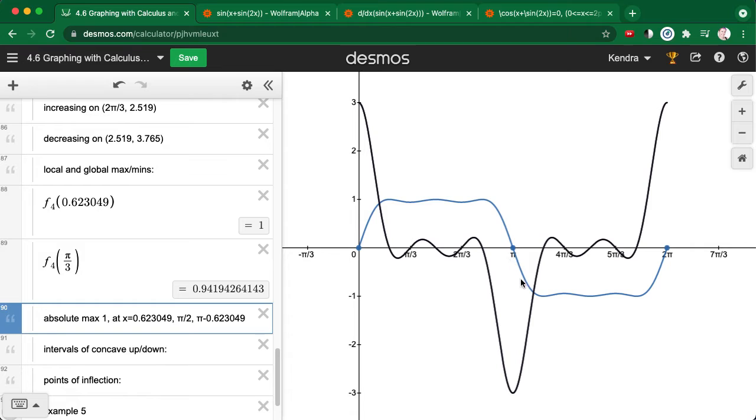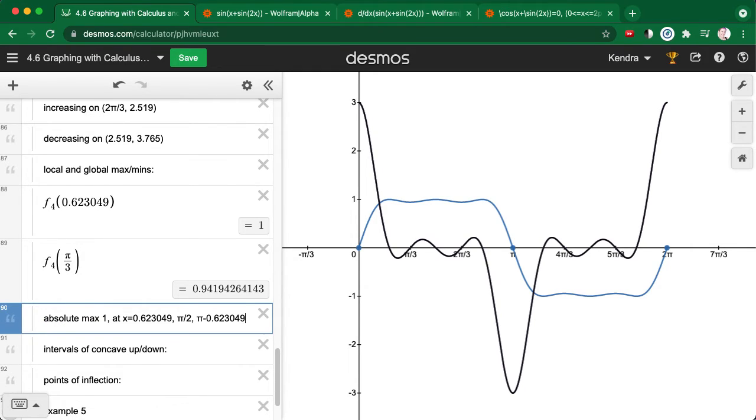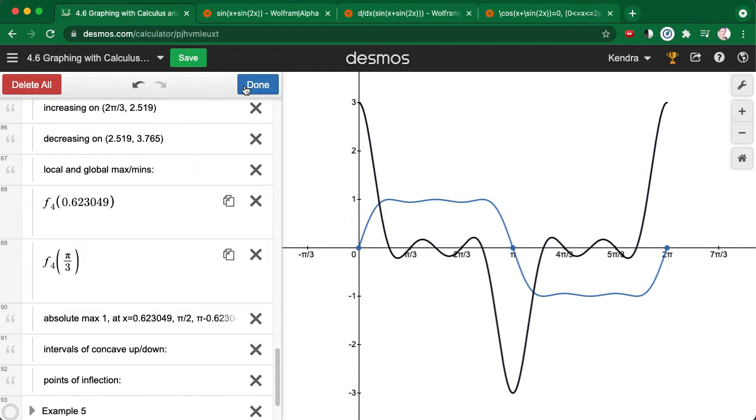And then I can go, well, pi plus that number, 0.623049. Oh, wait, those are the absolute maximums. So there we go.